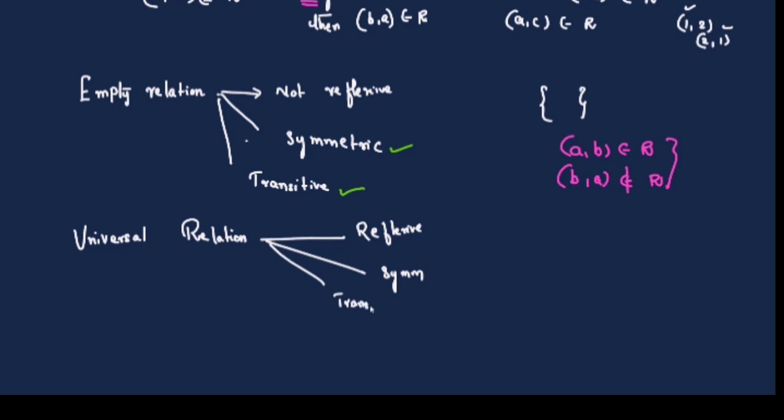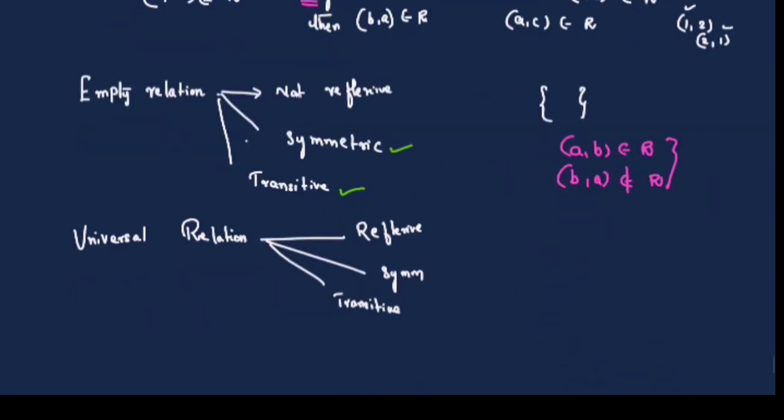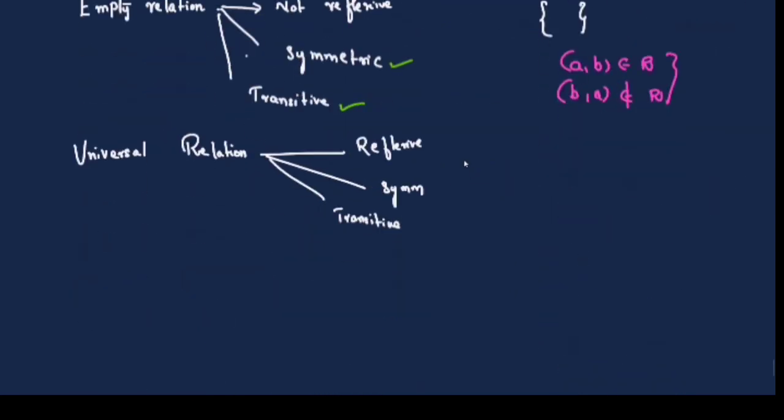So if it is reflexive, symmetric and transitive, then we say the relation is an equivalence relation. So when will you say a relation is equivalence? When it is reflexive, symmetric and transitive, then it is an equivalence relation. So the universal relation is an equivalence relation.